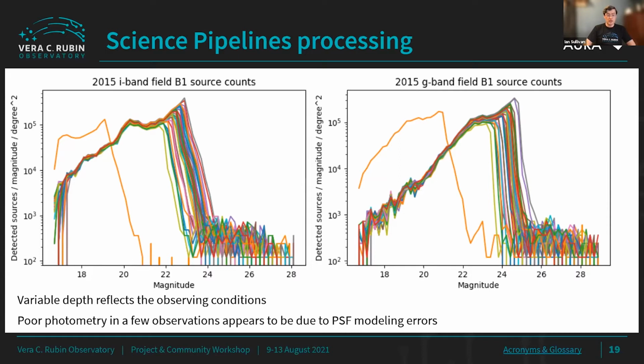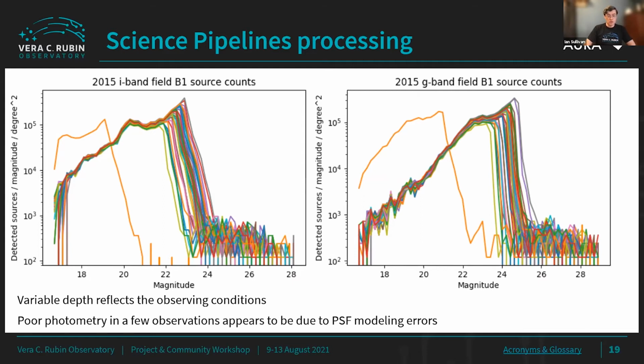We do see a couple observations where something in the photometry pipeline has failed. I believe this is due to PSF modeling errors. Fortunately, this is an avenue that people in science pipelines are actively pursuing. And as we move to newer and more sophisticated PSF modeling tools like PIFF instead of PSFEx, it is possible that that will fix some of these errors.